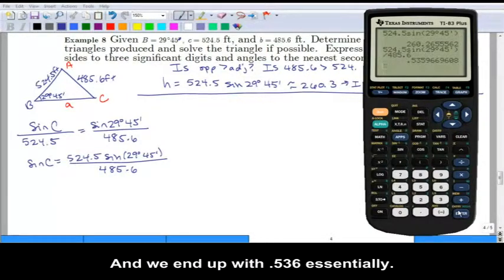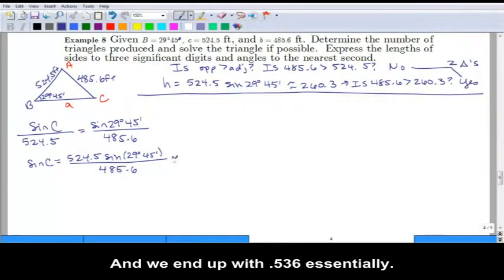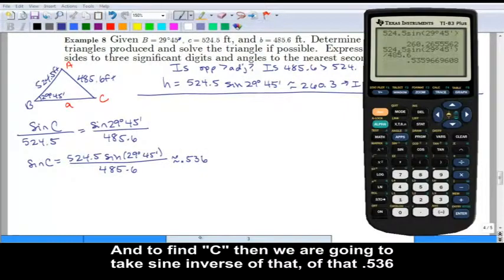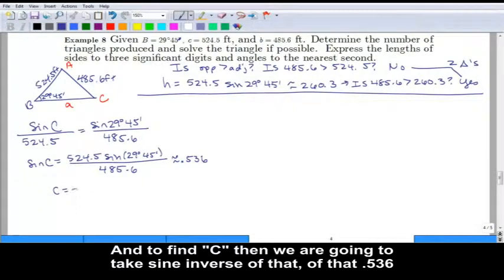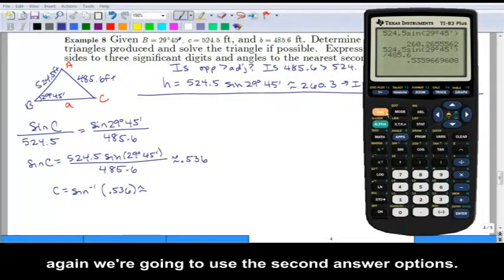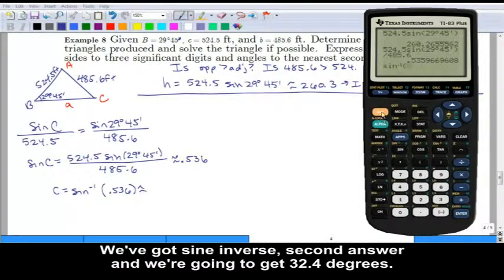And we end up with 0.536 essentially. And to find C then, we are going to take sine inverse of that 0.536, and we are going to use the second answer option, so we've got sine inverse, second answer, and we're going to get 32.4 degrees.